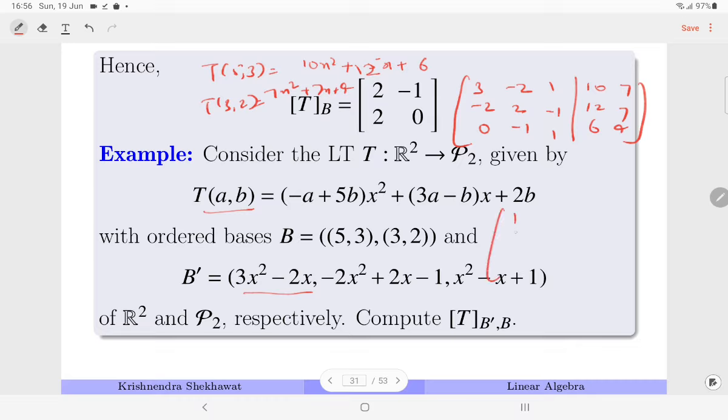After computing RREF, it gives me 1, 0, 0, 0, 0, 1, and this is 22, 62, 68, 14, 39, 43. Please verify the calculation by yourself, and therefore this is my required matrix.